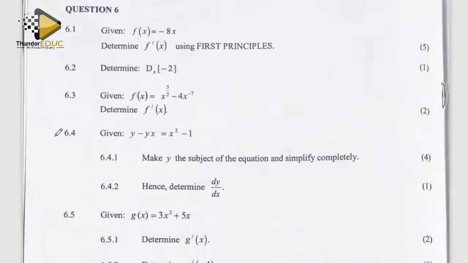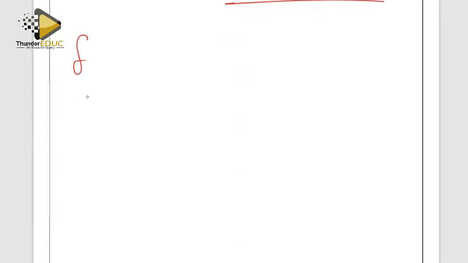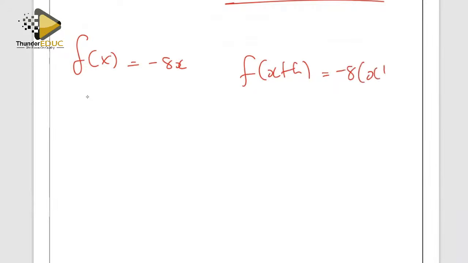We have question 6. Okay, we're almost there. They want us to determine the first derivative using the first principles. Okay, so it's saying that f of x is equal to -8x, meaning that our f of x plus h should be the same as this: it's going to be -8 into x plus h.